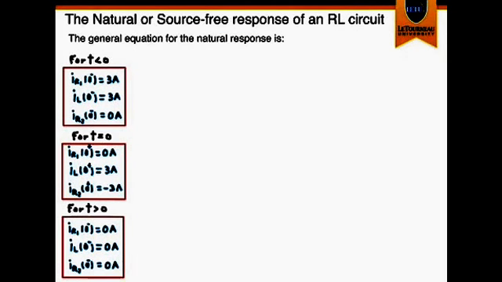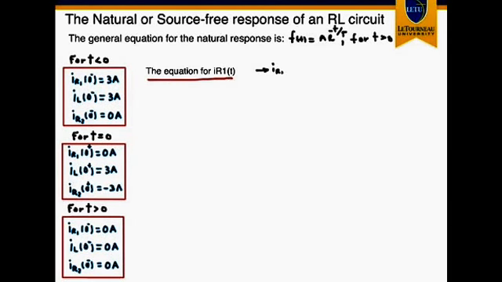So the general equation of the natural response is f of t equal to a variable A times e to the minus t over tau for t greater than 0. So the equation for I sub R1 is going to be A times e to the minus t over tau for t greater than 0.